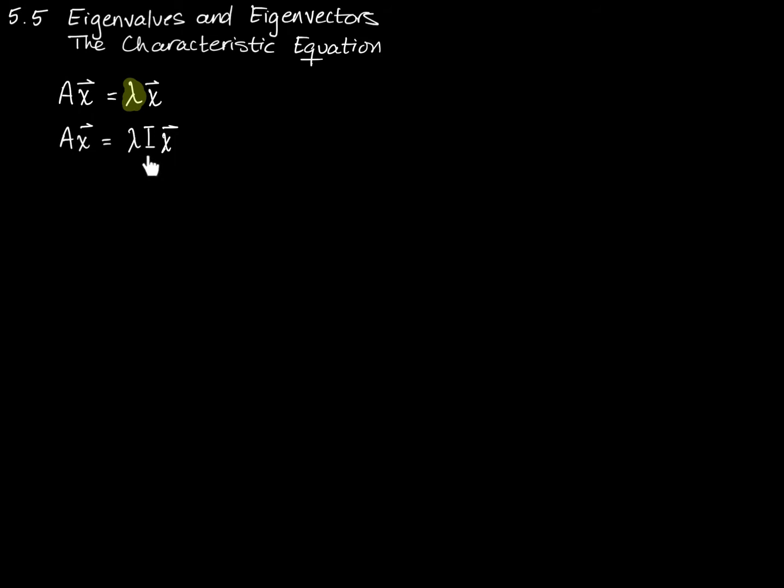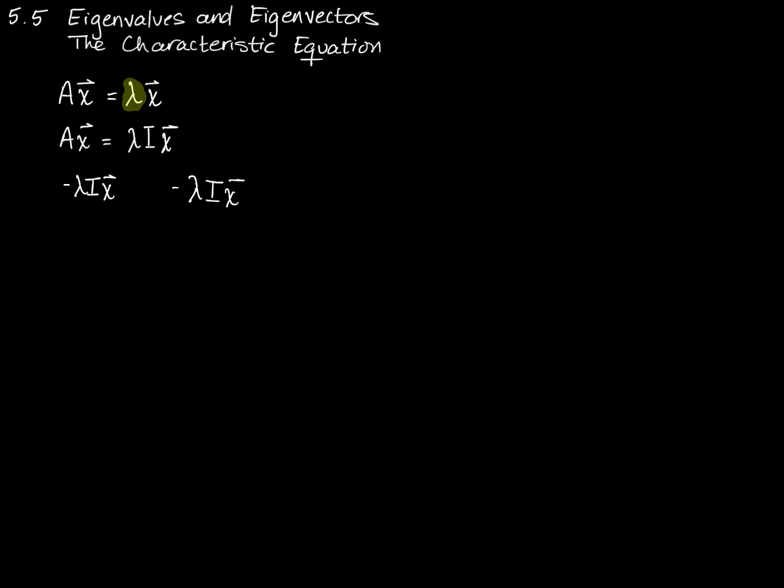When I scale 1, 0, 0, 1 by, say, n, I get n, 0, 0, n. Now when I do this multiplication, I'm going to get the same result as I get here. I'm going to have the same dimensions as I have back here. So I can now do matrix subtraction by subtracting lambda I x from both sides.